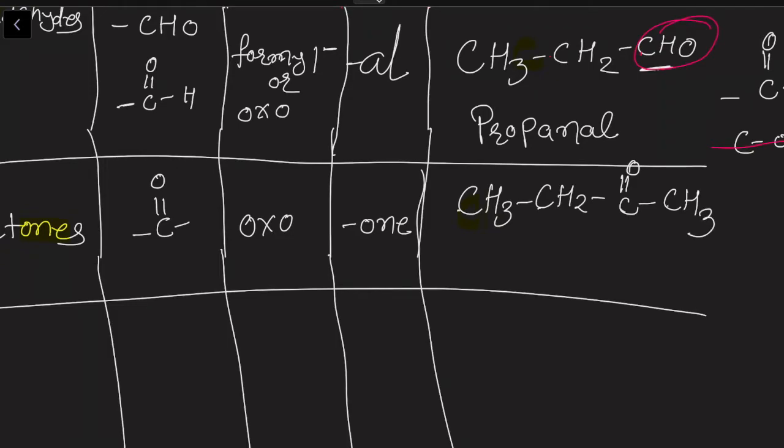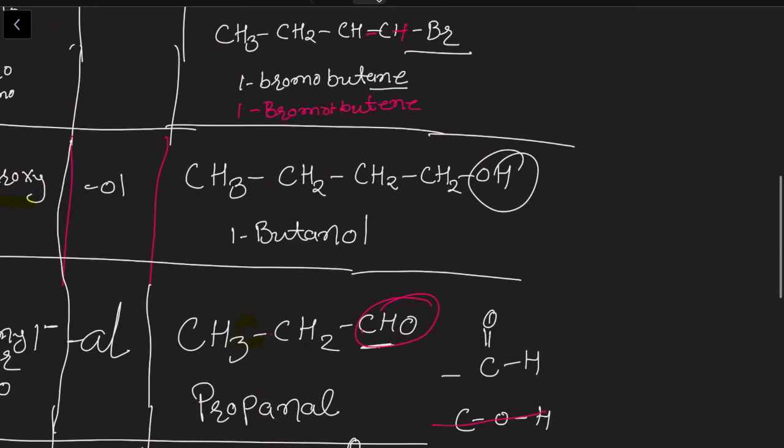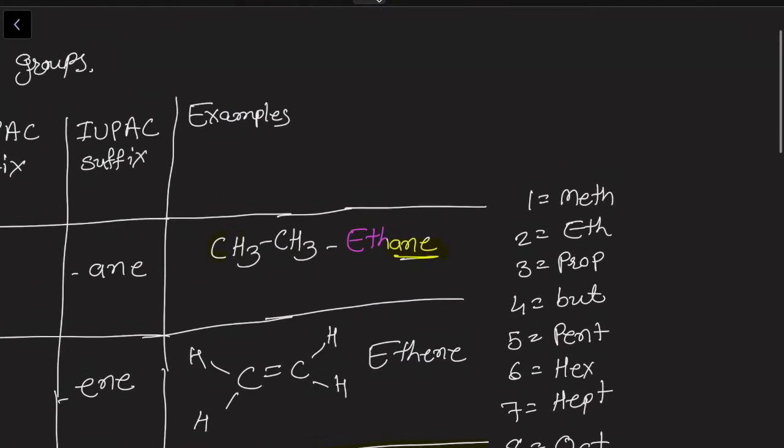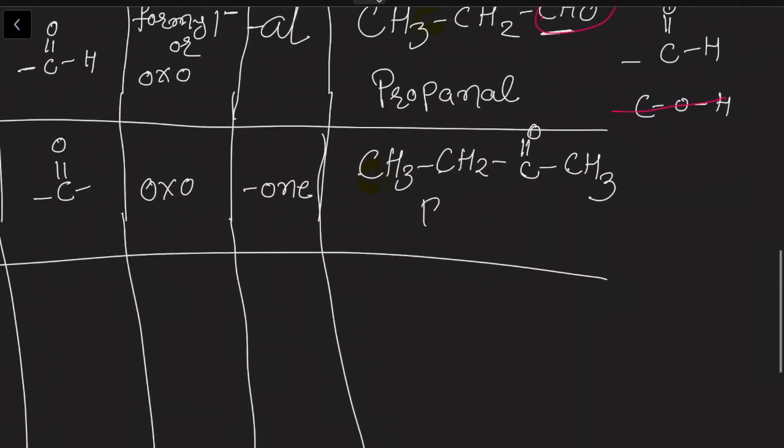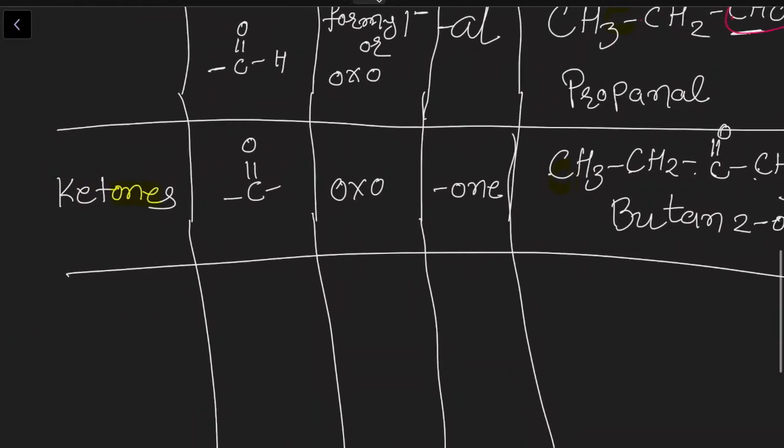And because it has 1, 2, 3, and 4 carbon, we will call that but, and so it's but, and the C double bond O is on the second carbon, so we're going to call it butan-2-one. All right.